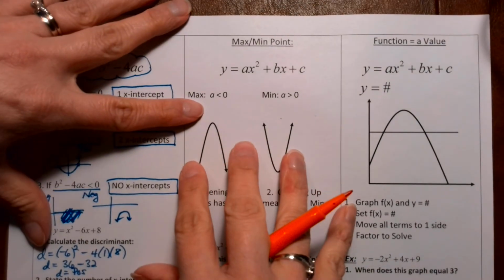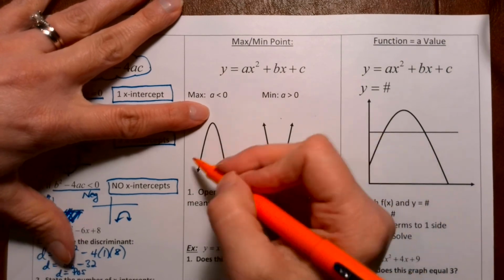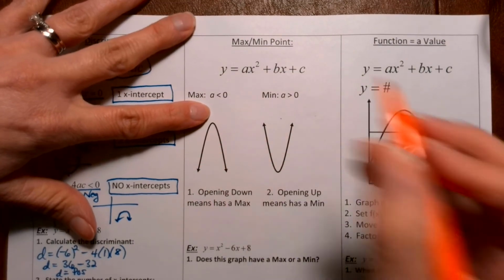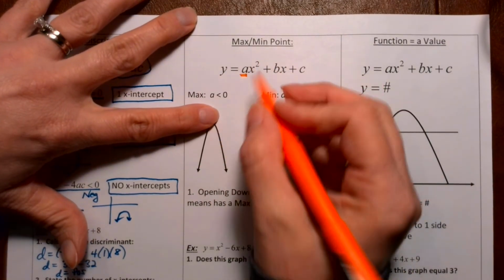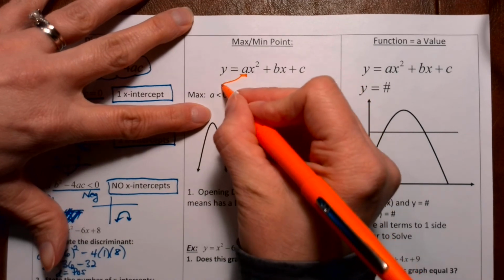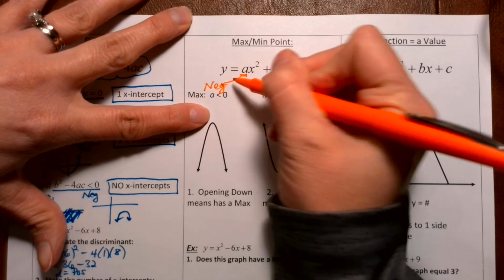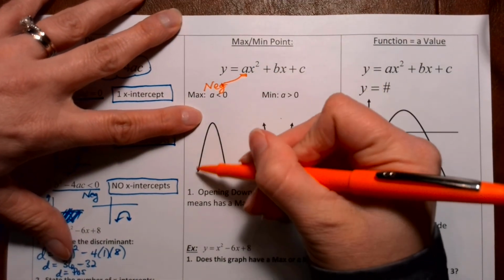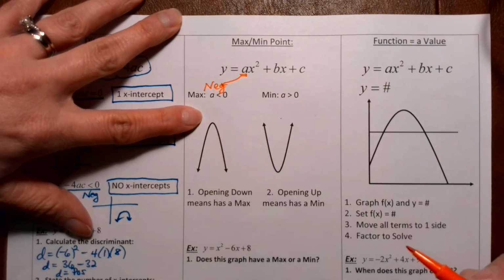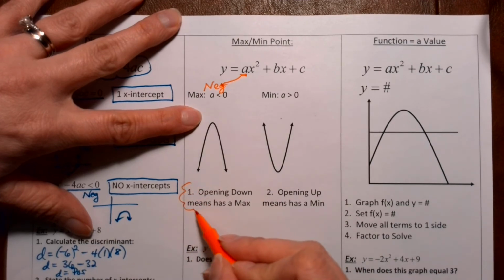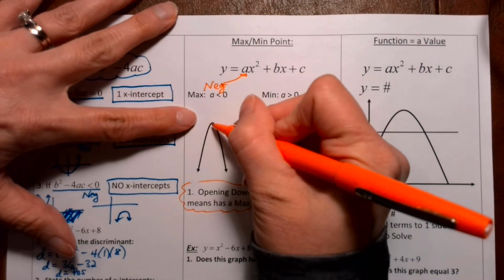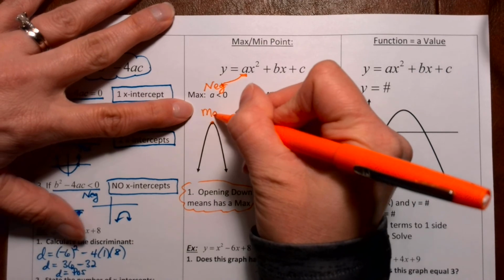Okay, this is super easy here. It's just about a parabola opening up or down. So we're going to take a look at the a value. If the a value is less than 0, that means we have a negative leading coefficient, so the parabola opens down. When the parabola opens down, it has a maximum.